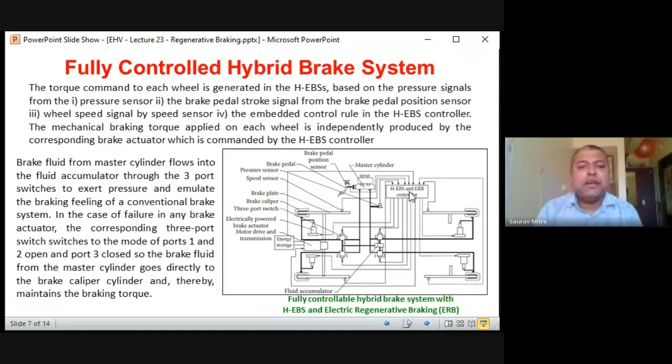So the mechanical braking torque applied on each wheel is independently produced by the corresponding brake actuator, which is commanded by the HEBS controller. So I told you that between the controller and the actual process, there is something which is called an actuator. Controller generates a signal and the process is actually analog. So the controller might generate a digital signal because all these controllers are digital.